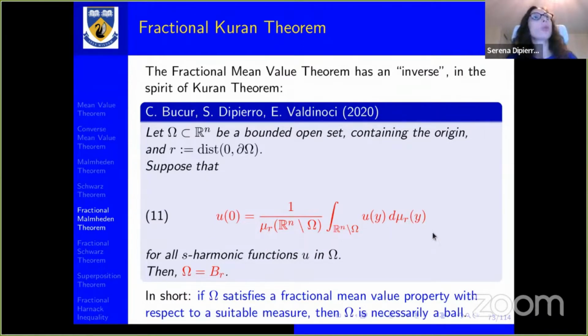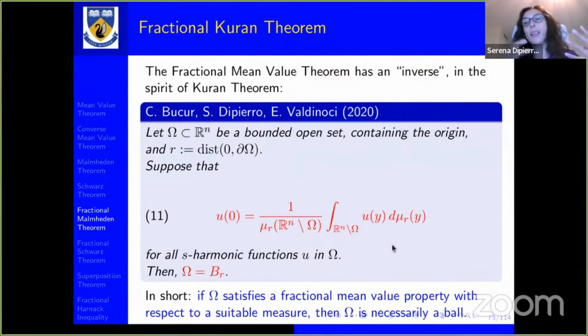this would be connected to what Poincaré called the Balayage Problem. And the Balayage Problem essentially is about somehow reconstructing a harmonic function or s-harmonic function in a ball given its boundary datum with some kind of measure here.